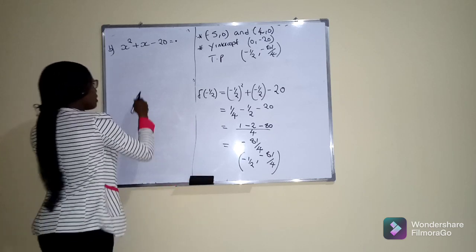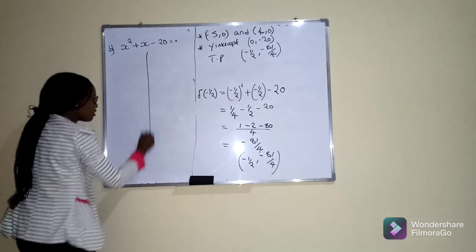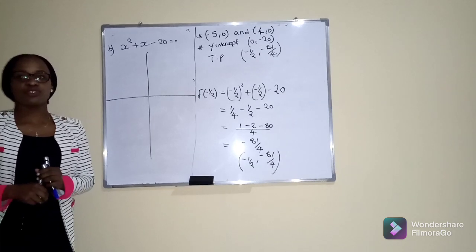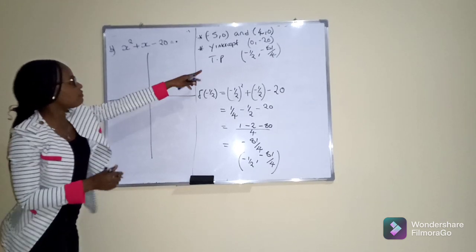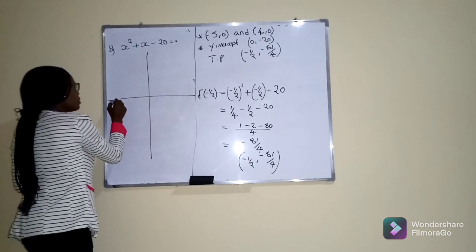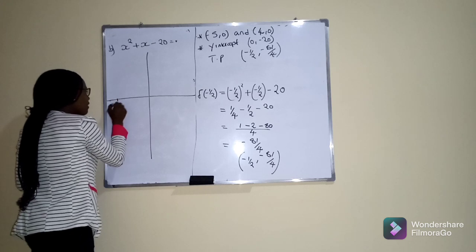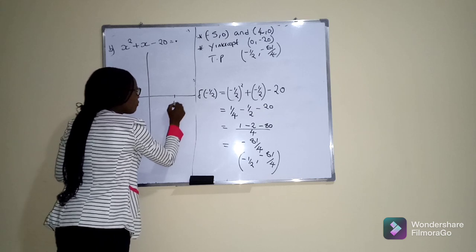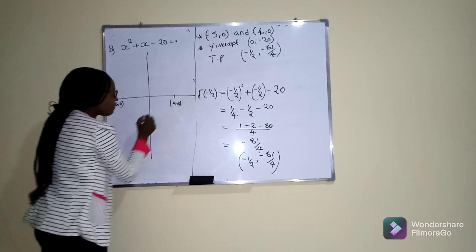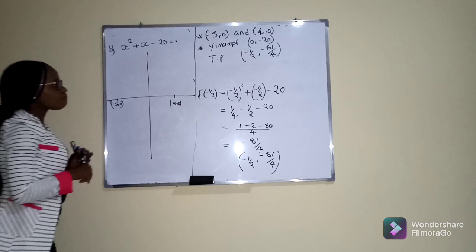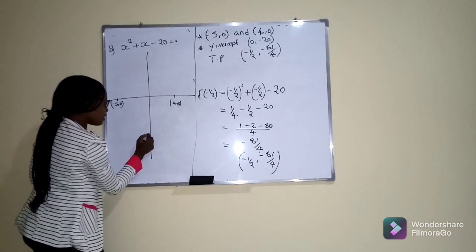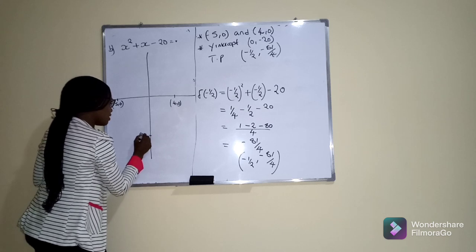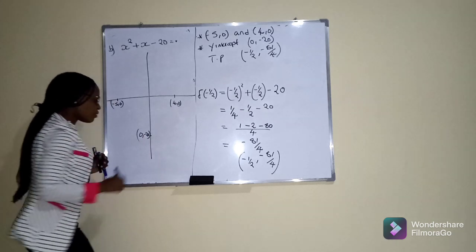So from here, that is what we want to sketch, and we'll start with a point. So this is negative 5, comma 0. Then we have 4, comma 0. We have our y-intercept, which will be somewhere here. So this is 0, comma negative 20.